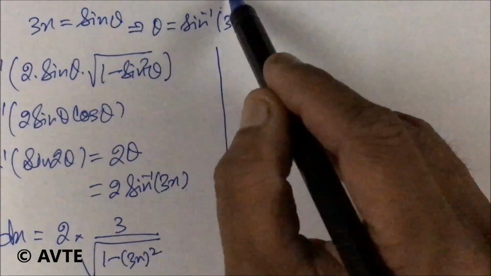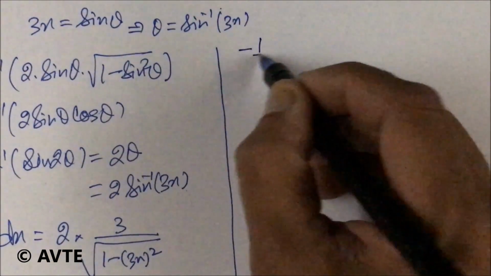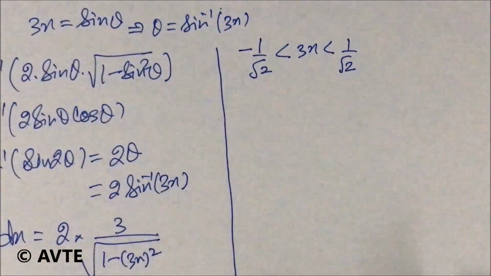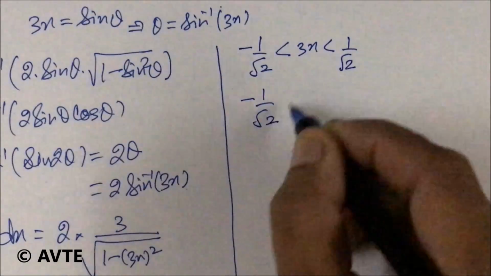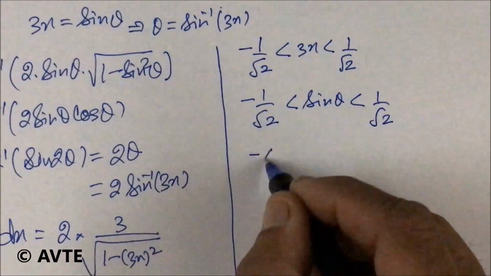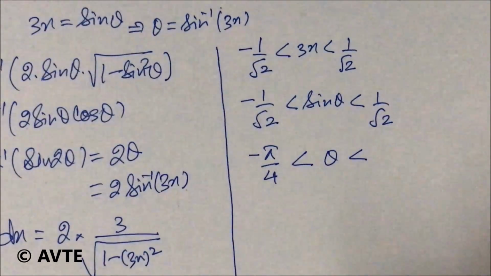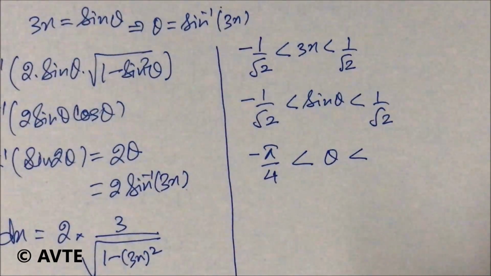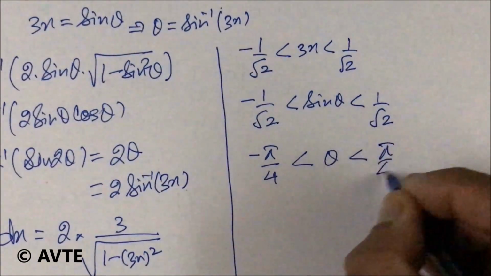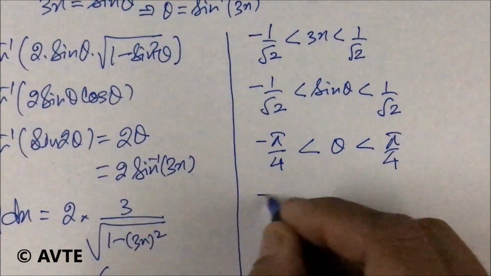Since we are given minus 1 upon 3 root 2 to 1 upon 3 root 2, and we have taken 3x, we have multiplied it with 3. Then we have taken this as sine theta. So theta will turn to, because what is sine 45? That is 1 by root 2. And what is sine minus 45? That is minus 1 by root 2. And finally, it is coming to theta.